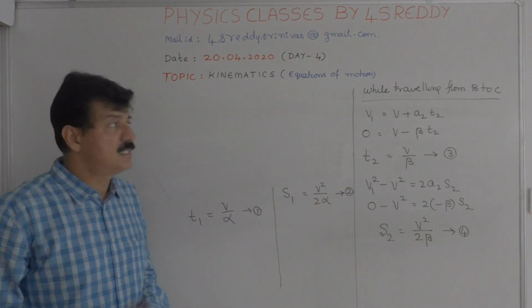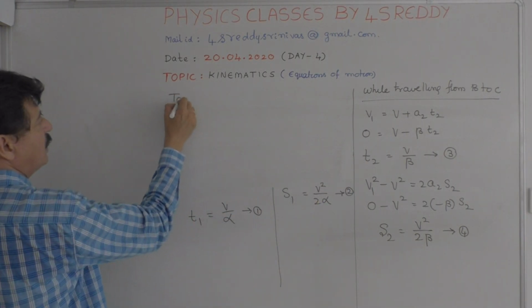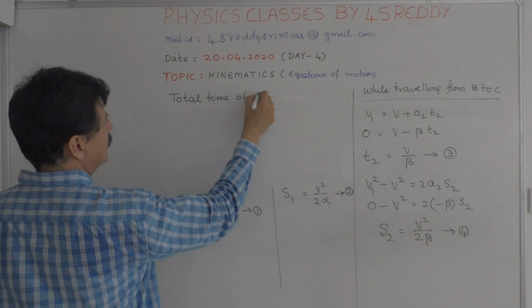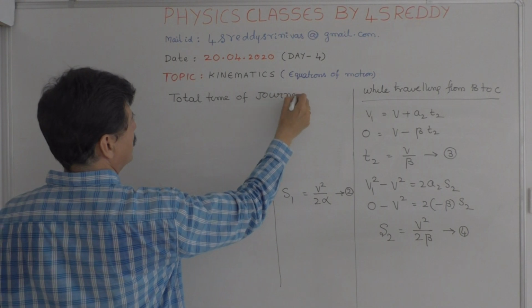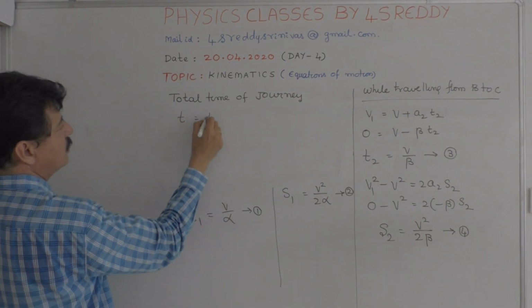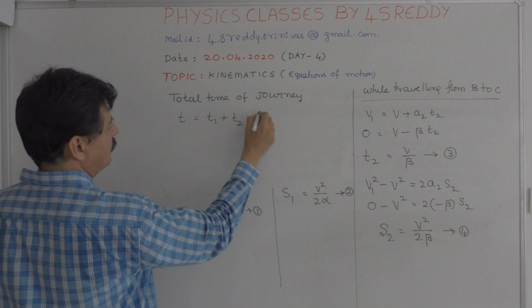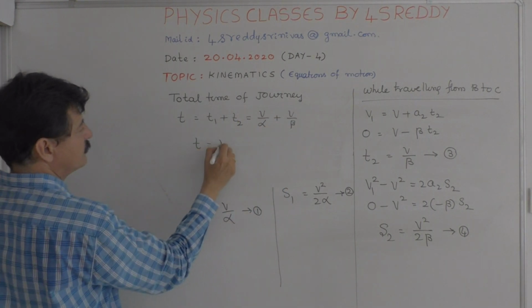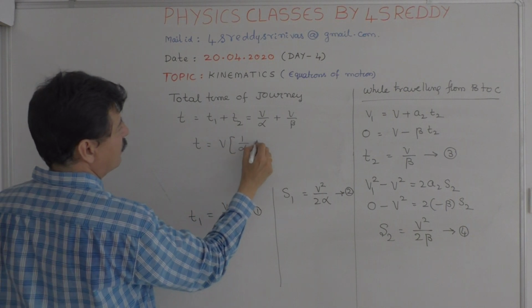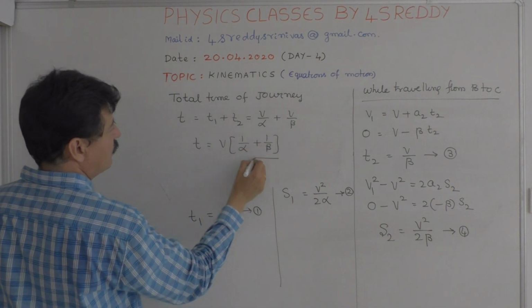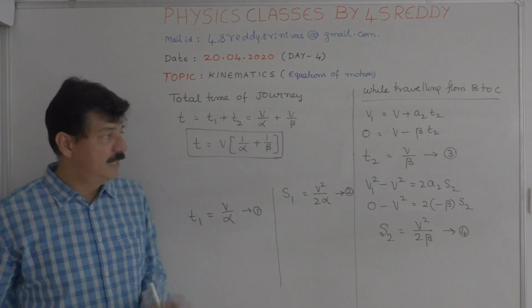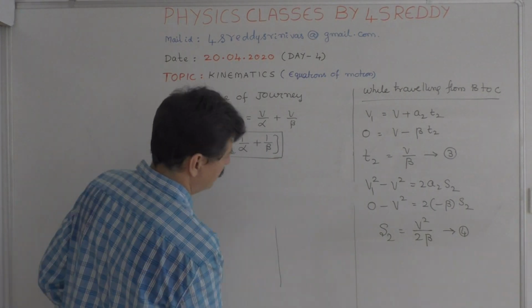If you can observe this, the total time of journey, if you want, is T = t1 + t2 = V by alpha + V by beta = V into (1 by alpha + 1 by beta). This is the total time of journey.